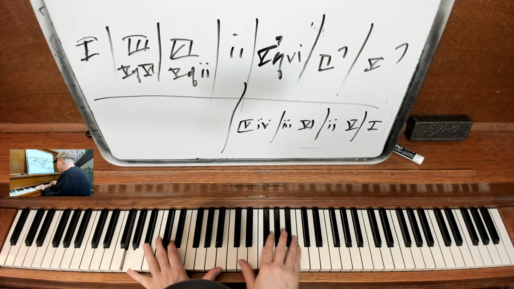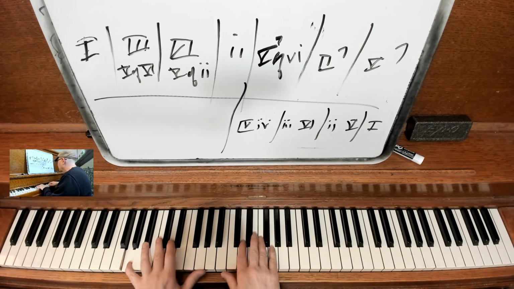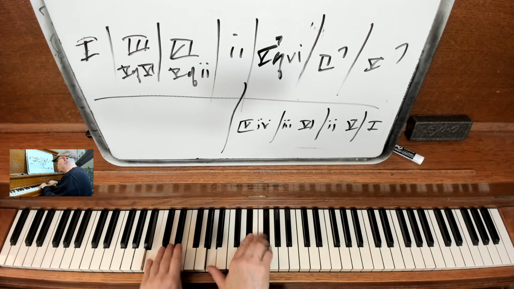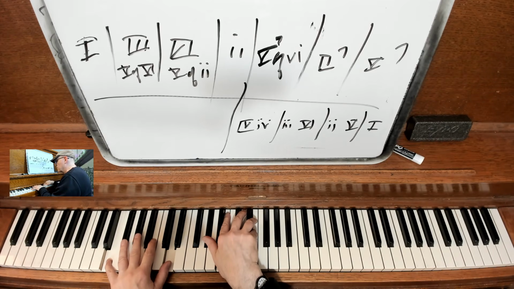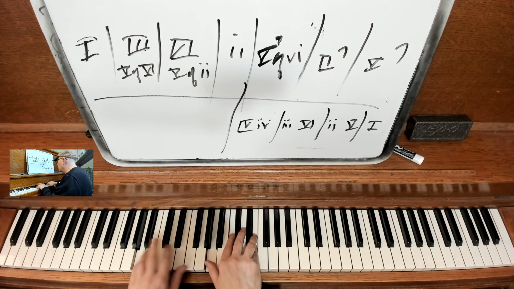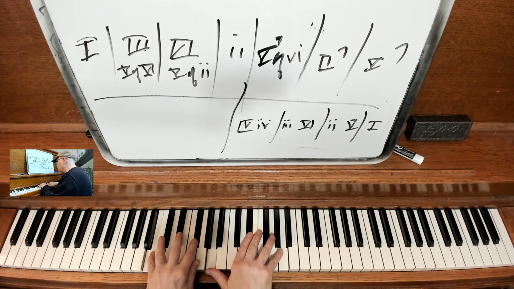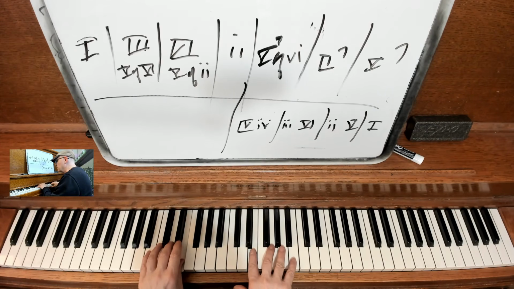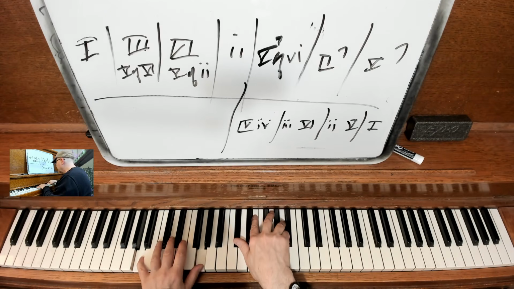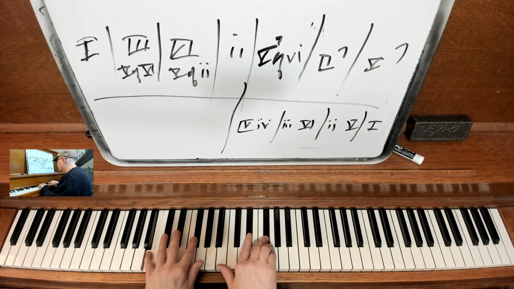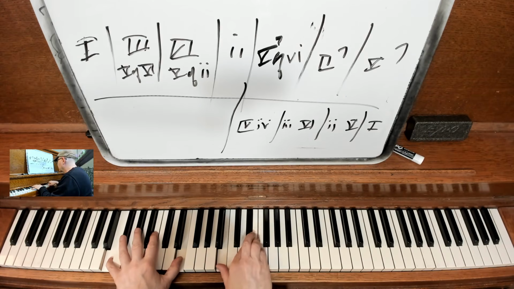Let's try another key, G. I'm going to go up a third, and then go up a fourth to E, and then go up another fourth again to the A minor, and then we're going to B again, E minor, and then A7, and then D. Isn't that interesting?